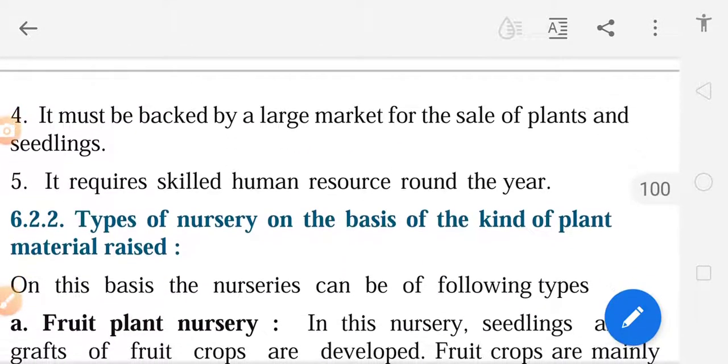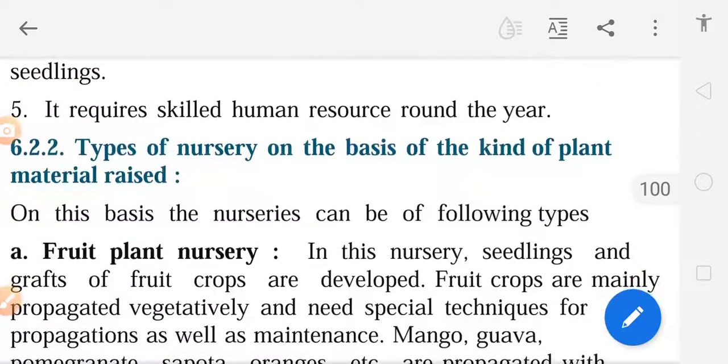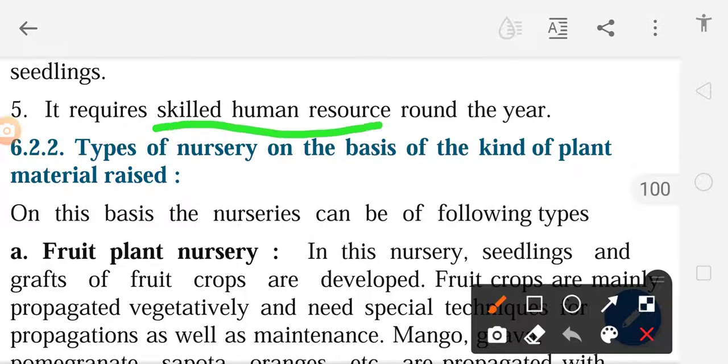Then we also require a large market and skilled human resources. Simple laborers are required, but in less number. We require skilled laborers, that is important. So these were the two kinds of nurseries.